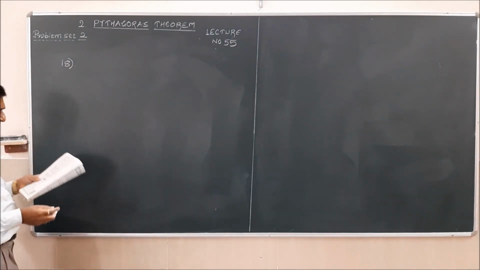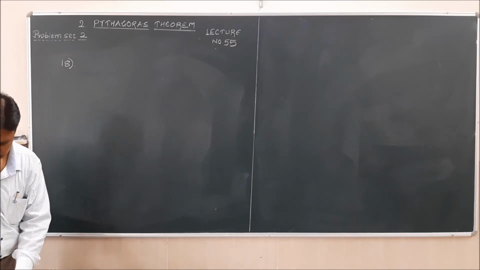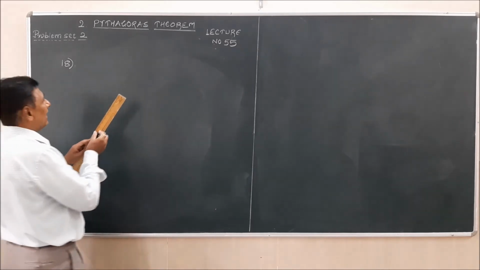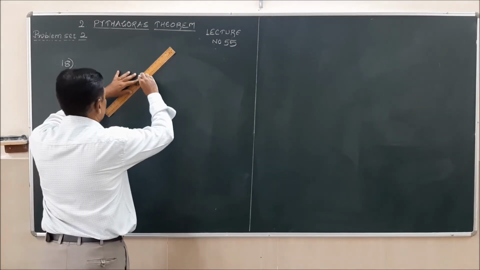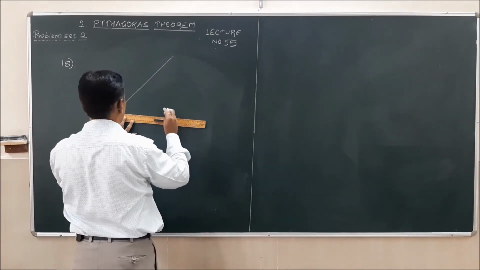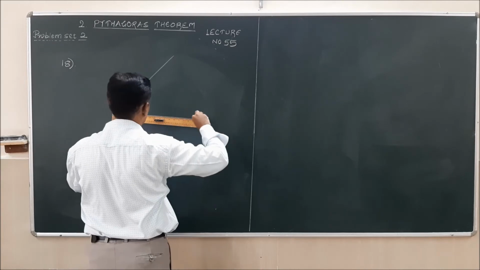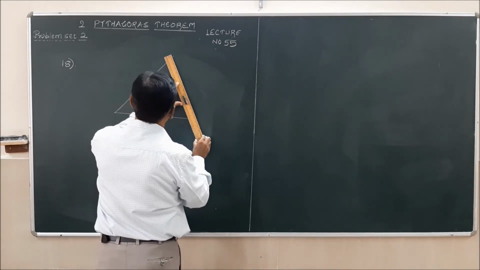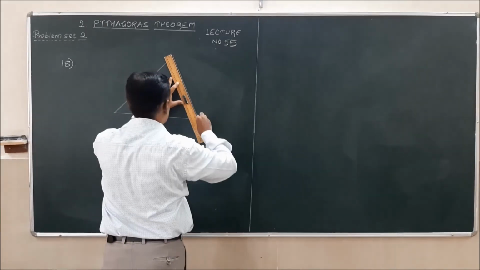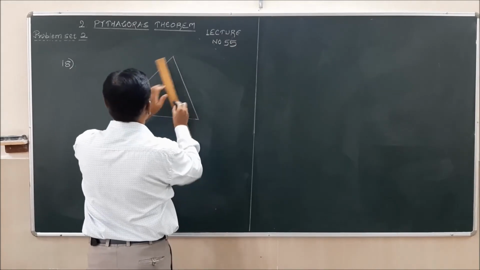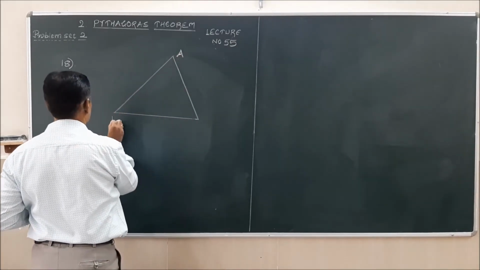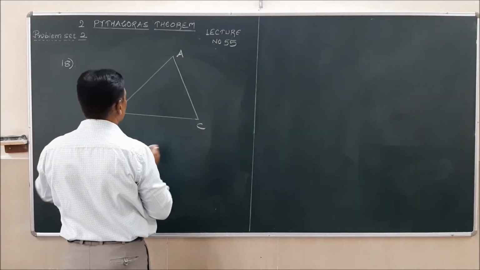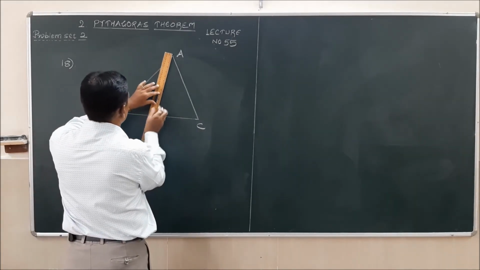So N is a median of triangle ABC. Okay, I am going to draw the figure. N is a median of triangle ABC.